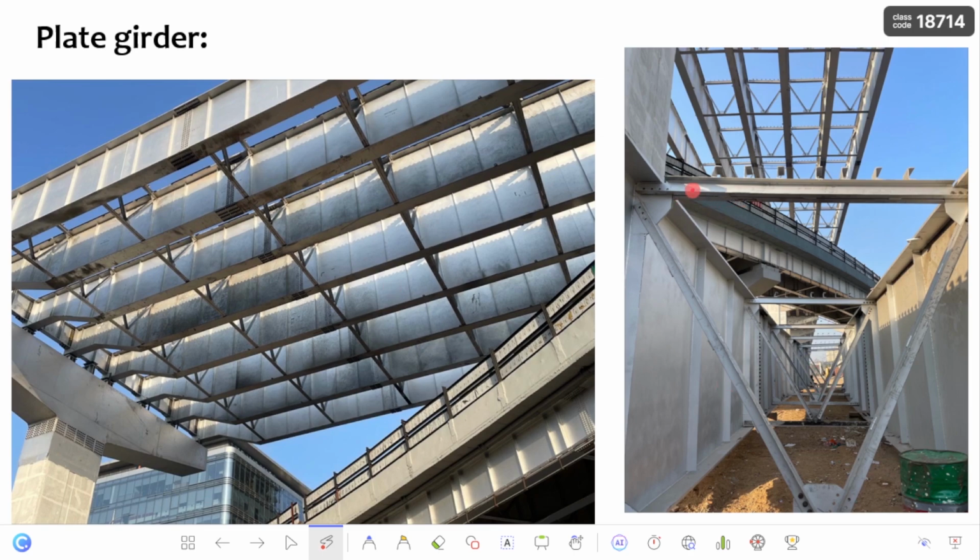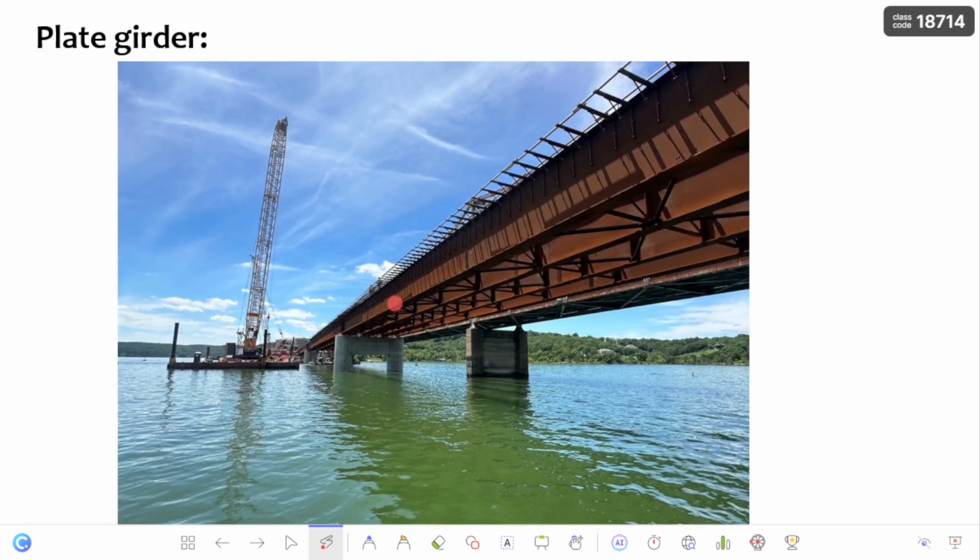You can observe this is the bracing which is connecting the two plate girders, and these are the angle sections, which are basically used as bracing in any type of structure. This is a bridge constructed in Taney County, over a lake, that is Table Rock Lake.